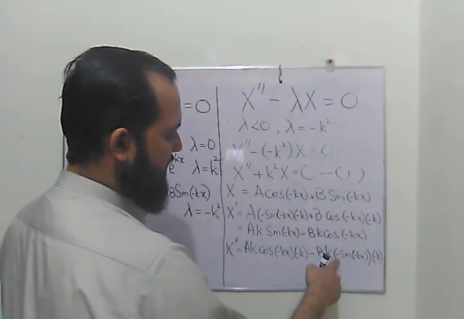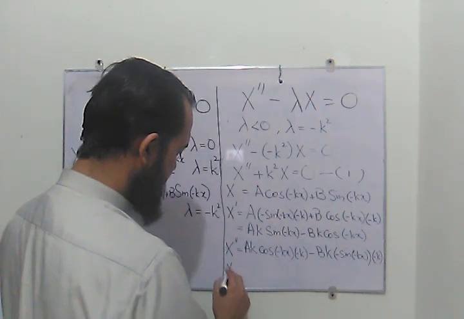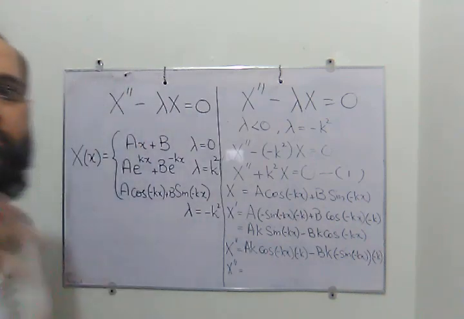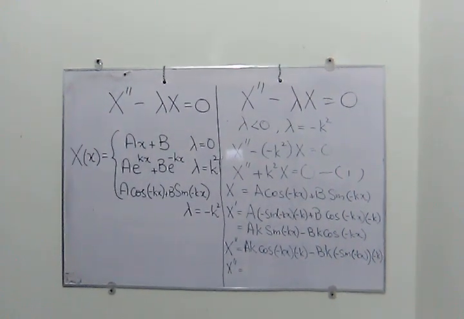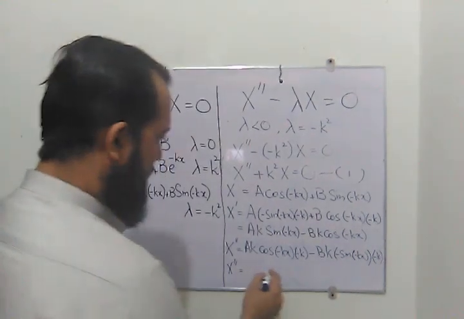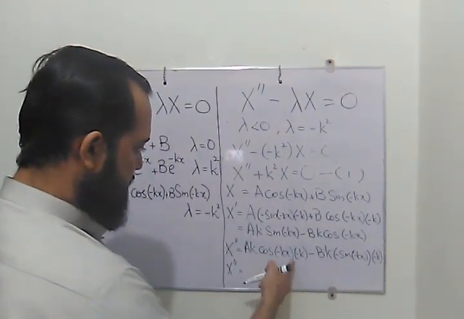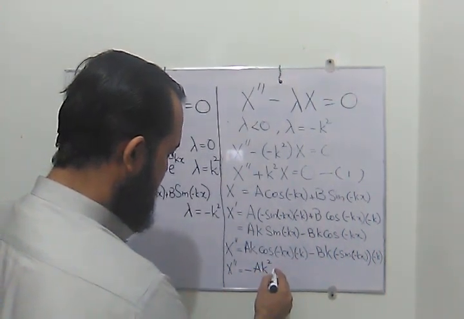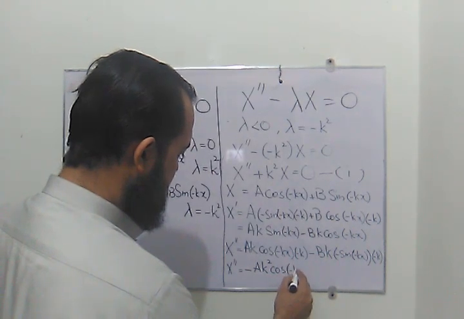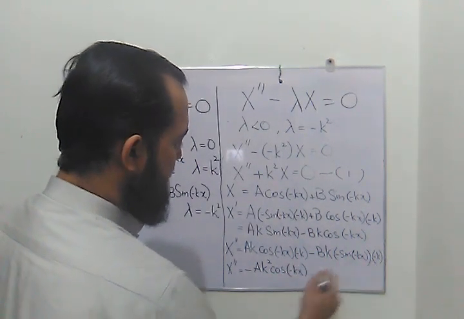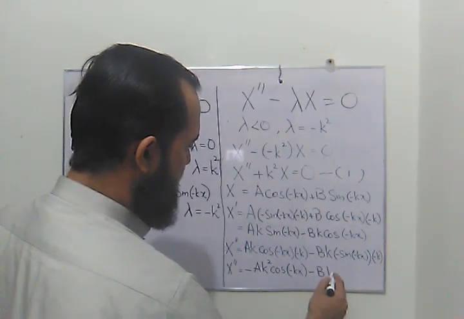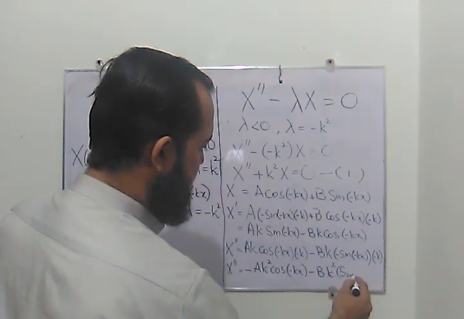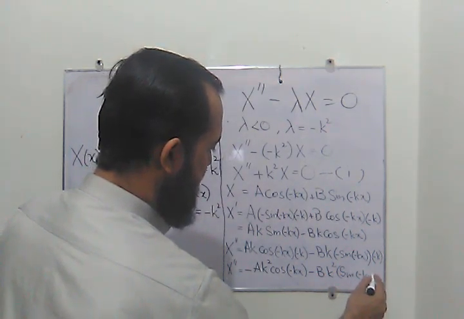So this minus and this minus will become plus, and we have x double prime as this, minus minus plus, and this will become minus b k square sine kx.